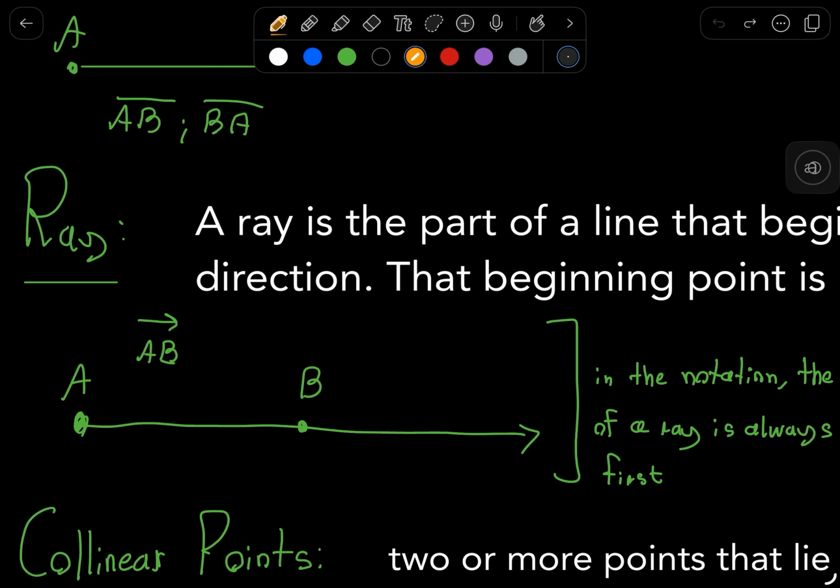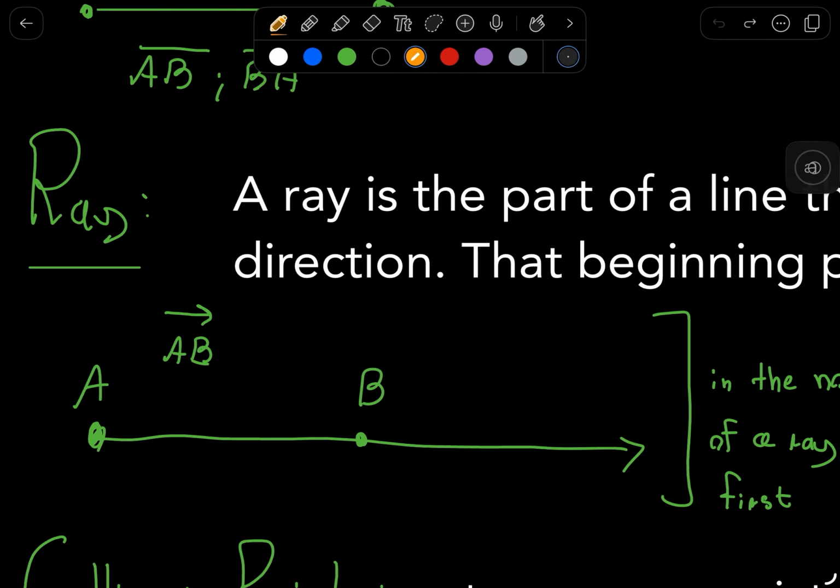And as far as the notation goes, you have two points, so you label this as ray AB. The important thing to know is that the point where the ray originates from is what should go first.